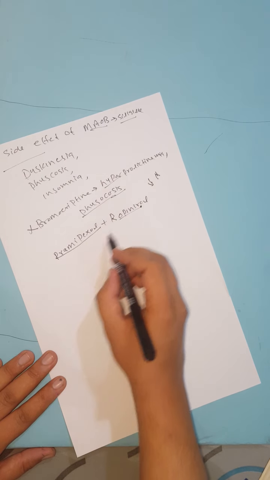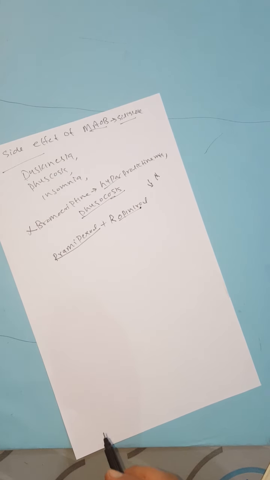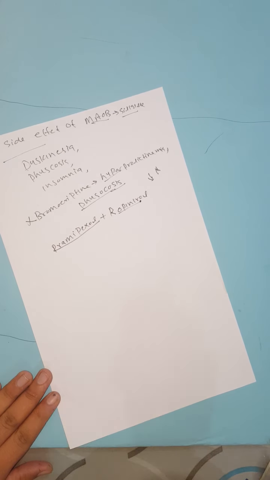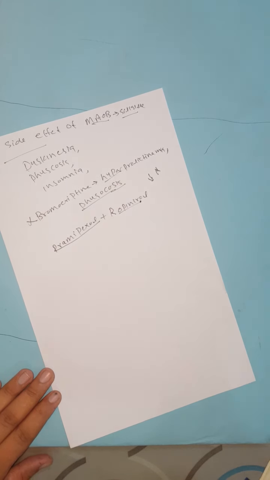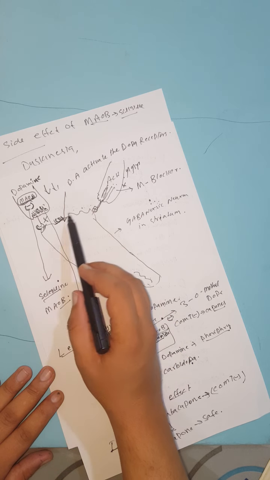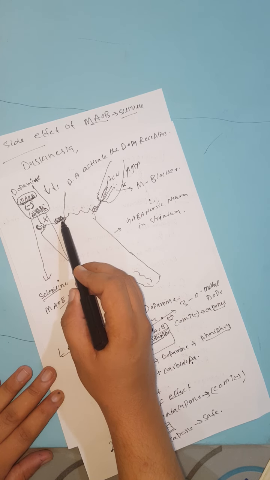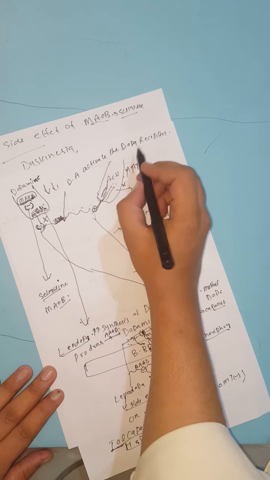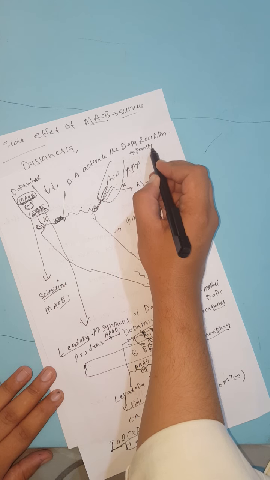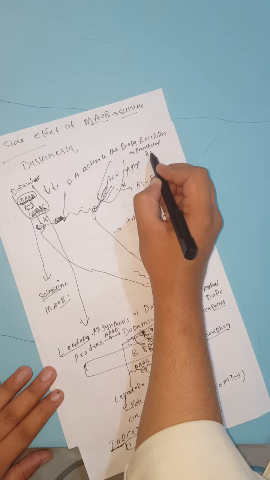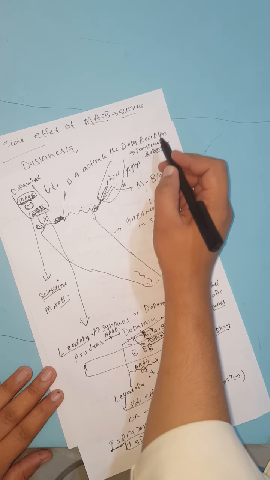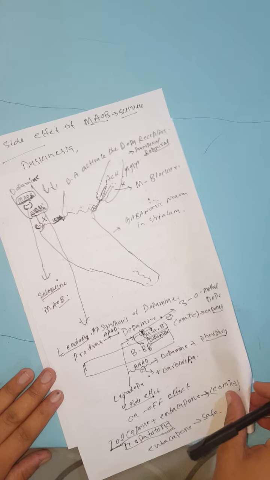Pramipexole and ropinirole are dopamine agonists; dopamine receptor agonists activate the dopamine receptor. Bromocriptine is also one, but it is not used nowadays.